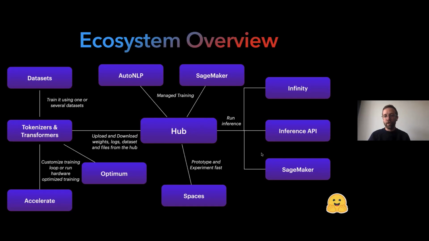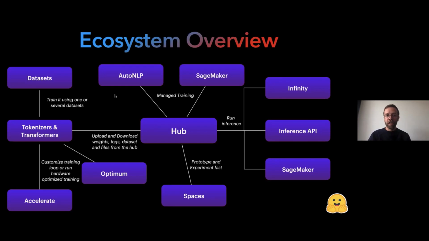Another thing we're offering, for once you have trained a model and you just want to apply it to your use case, is that you can host it on Hugging Face, and we do the inference for you, so you don't need to have infrastructure to run it. Very recently, we released Infinity, which is a project that takes that one step further and heavily optimizes your model for inference time. So you can achieve millisecond inference time with huge transformer models.